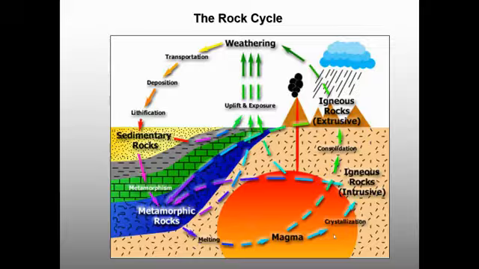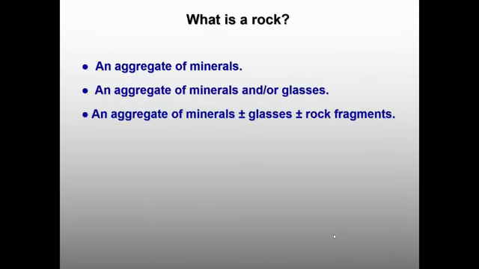See, metamorphic rocks, sedimentary rocks, we take the solids and we break them up, or we change them with heat and pressure. For igneous rocks, we start with another phase. Most of the time, you think about that as liquid magma, but as we'll find out, that's not the only type of igneous rock.